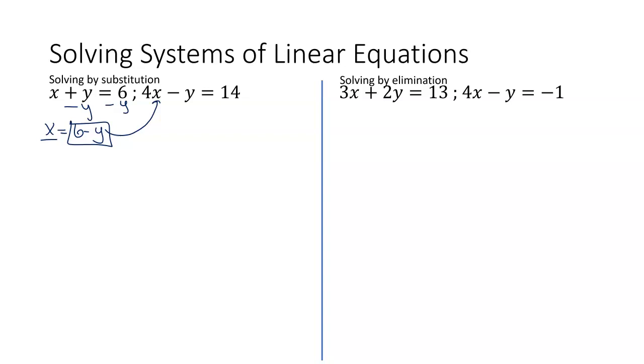And when I do that, what I'm essentially doing is getting rid of the second variable. So that's going to leave me with only the variable of y. Now I can solve for y. I can get a value for y because I've eliminated the x by substituting one equation into the other.